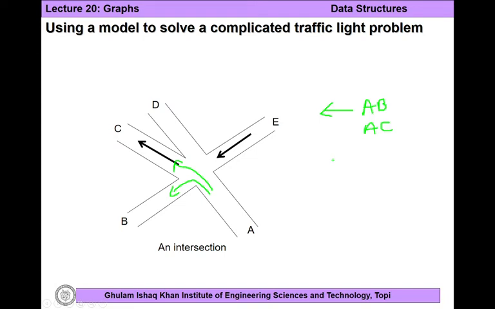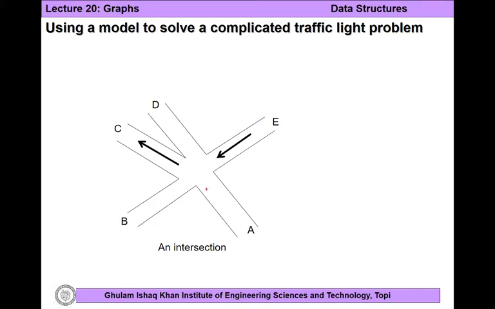But right now the turn E to B, like while you have opened the turn A to C, and at the same time if you open this turn E to B, this is going to cause collision, right? So the issue here is to find all such turns that can be opened simultaneously.